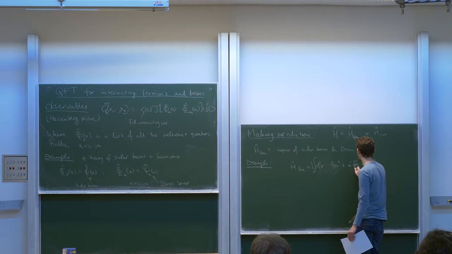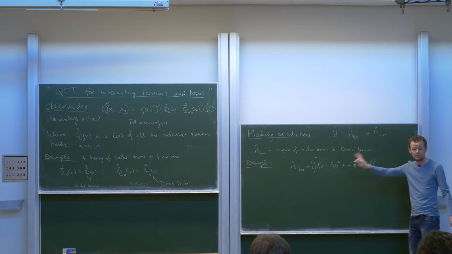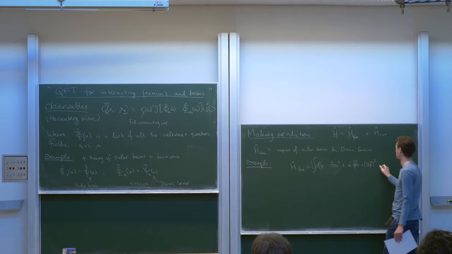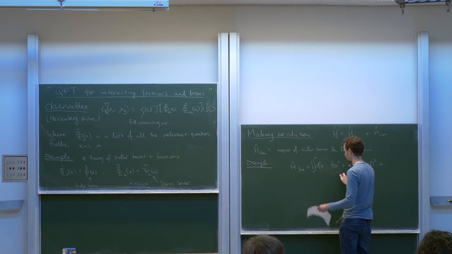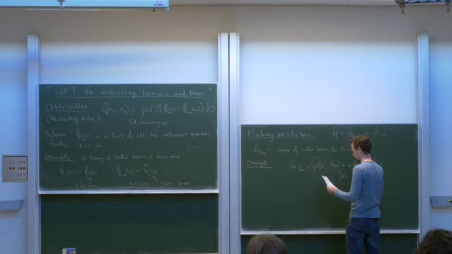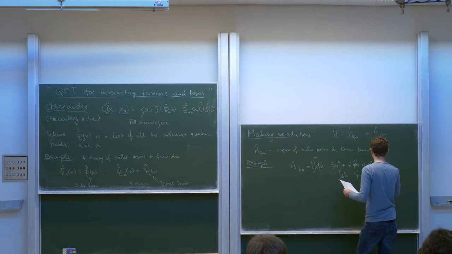Maybe you've got more than one scalar boson, but we'll just stick with one. And also you can have some number of copies of the Dirac fermion. So plus the Hamiltonian for the Dirac fermion, which is slightly complicated because of the gamma matrices not looking so nice in the Hamiltonian picture.